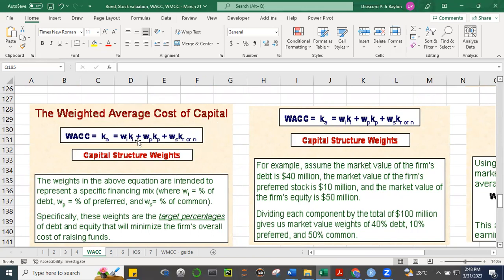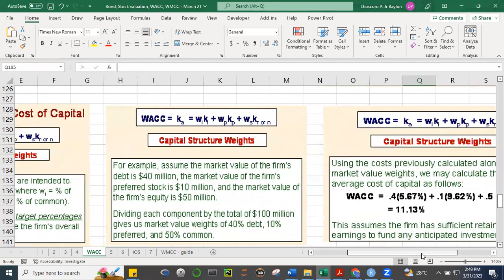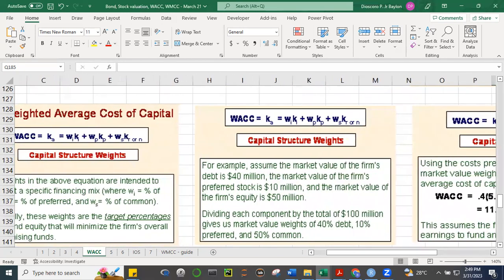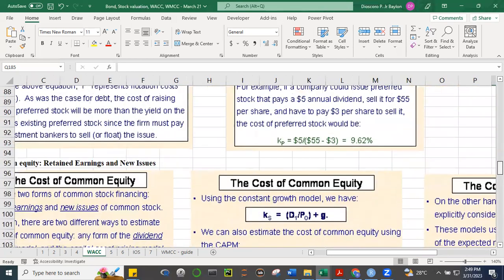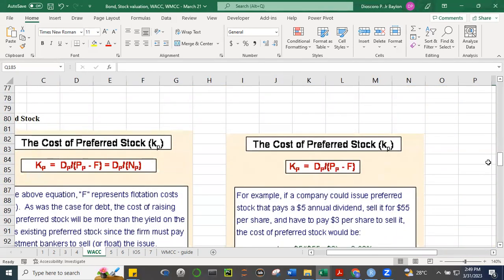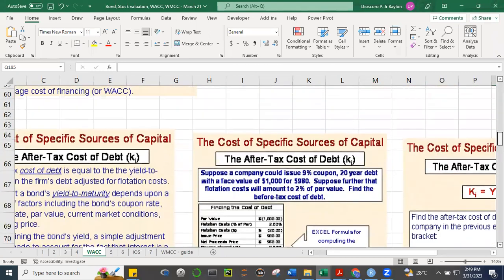So this is the cost of debt, the cost of preferred stock, the cost of common equity. And if we know the weights, based on the balance sheet, then we can compute the WACC, which should be the basis for any decision.